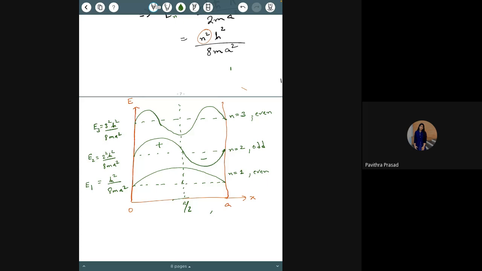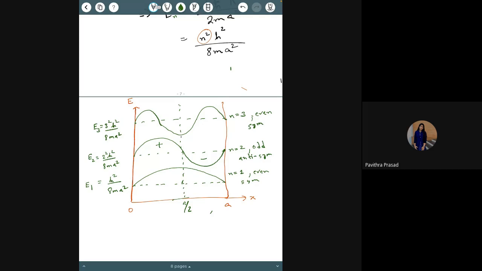So that is odd. And then again, n equal to 3 is even. They're the same on both sides. You can also say symmetric and antisymmetric. This is just language.